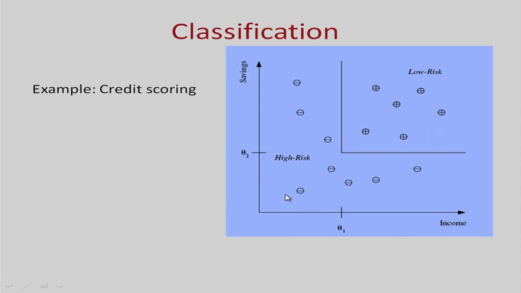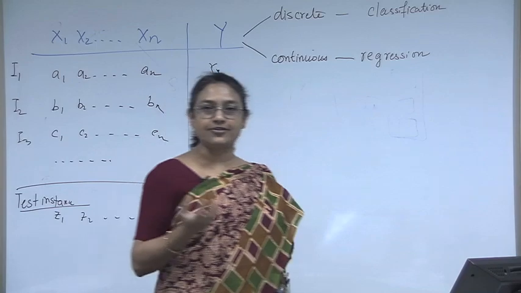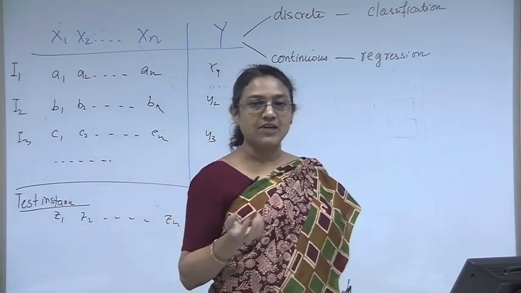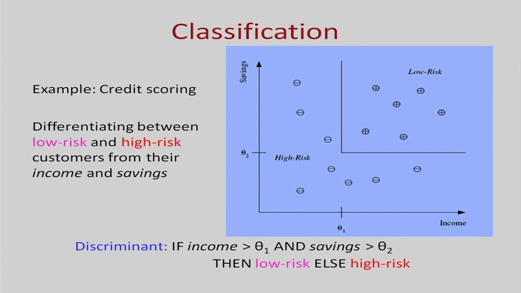In this picture, the high risk persons are labeled with minus and the low risk persons are labeled with plus. Given this data, you want to come up with a classifier which, given the attributes of a new person, will predict whether that person is high risk or low risk.